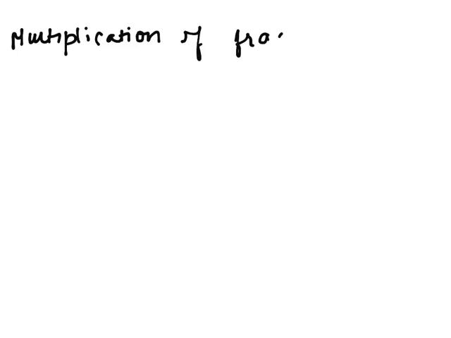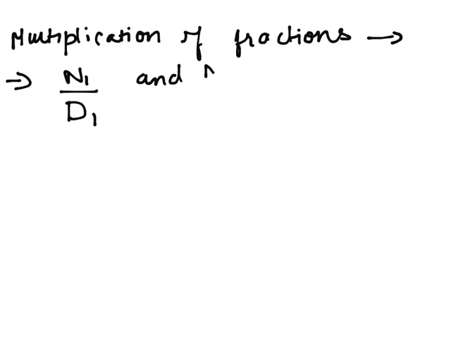So first of all, we will see the rule to multiply the fractions. To multiply, obviously we will have two fractions. Suppose we have one fraction with numerator 1 and denominator 1, and the second fraction is like this, because a fraction is represented in the form of numerator and denominator.